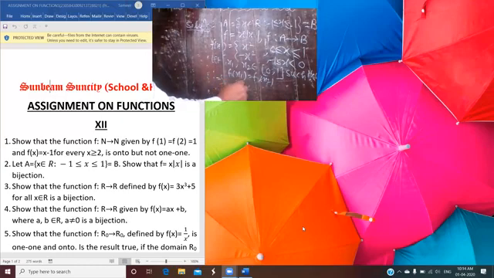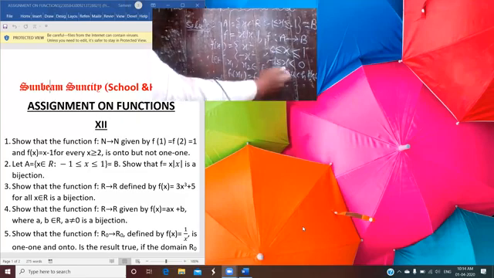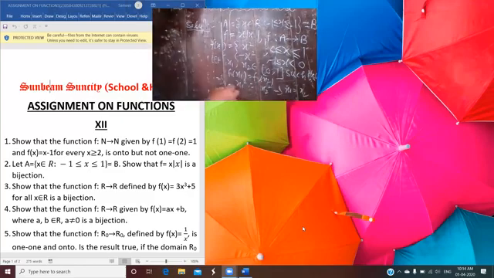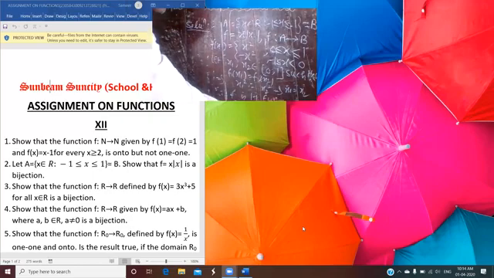That implies x1 square is equal to x2 square, and that gives the positive value. So this implies x1 is equal to x2. So f is a 1-1 function.